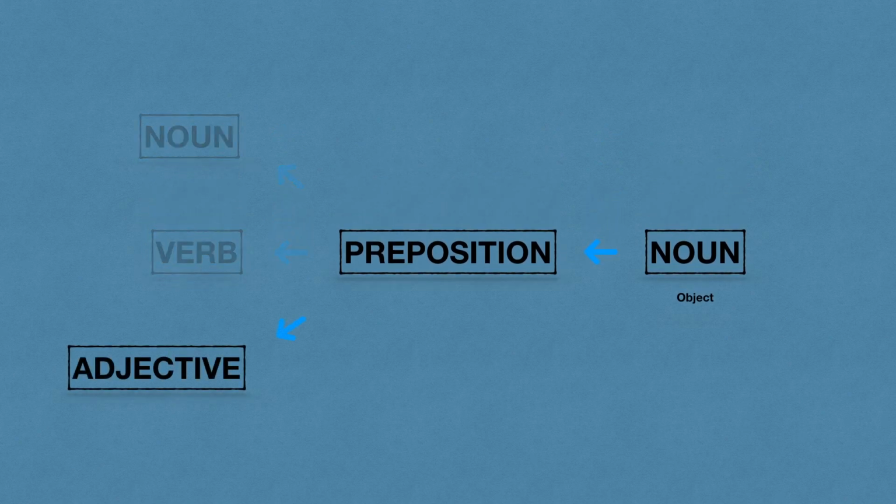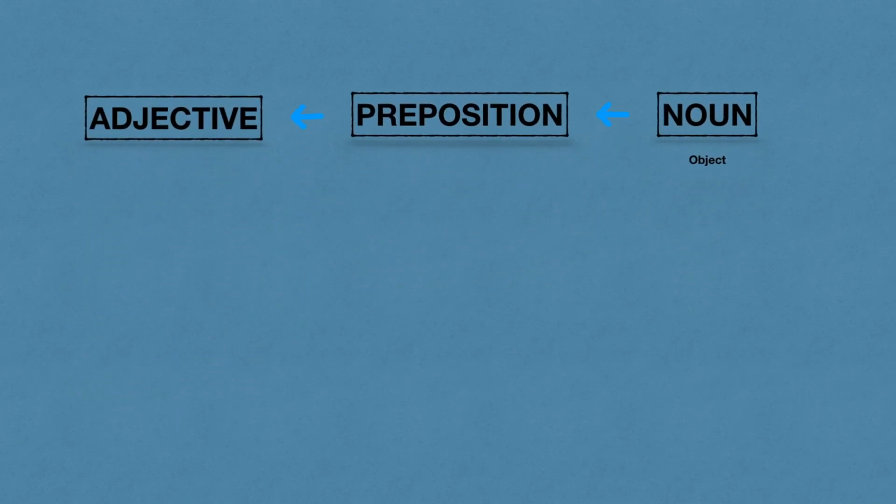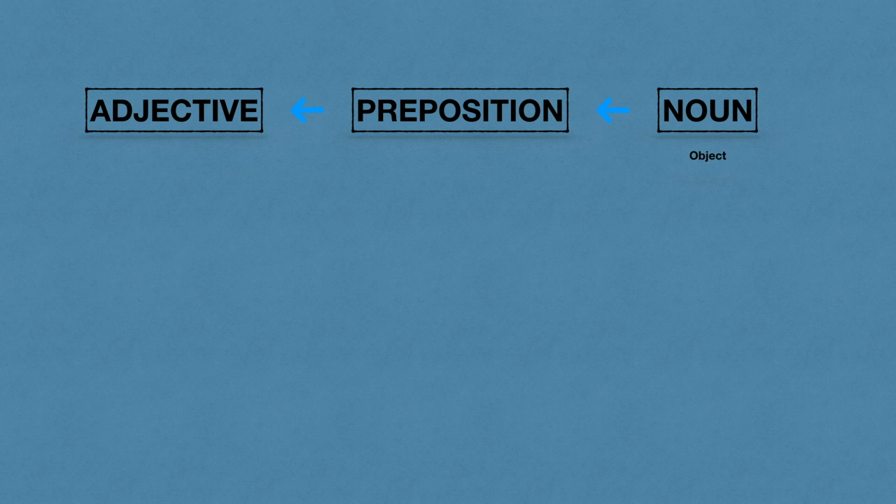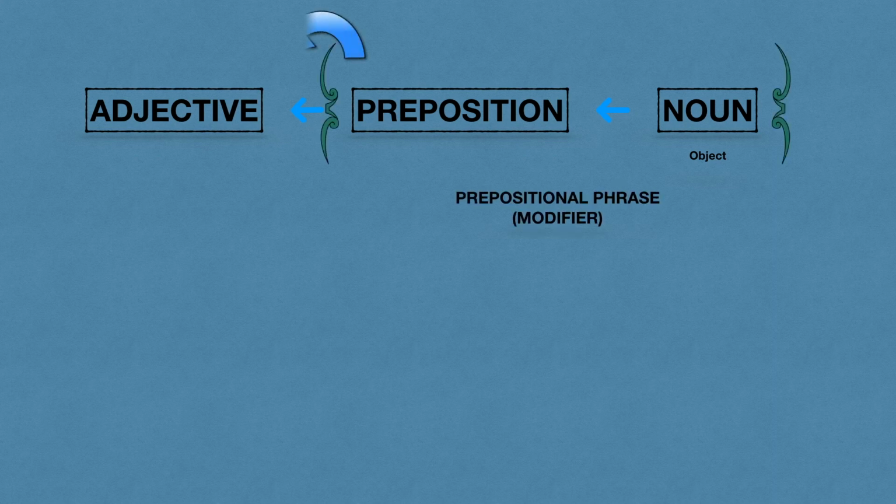Case 3. Adjective, preposition, noun. Whenever a preposition and its object are connected to an adjective on the left, they describe that adjective, and the prepositional phrase behaves as an adverb phrase.